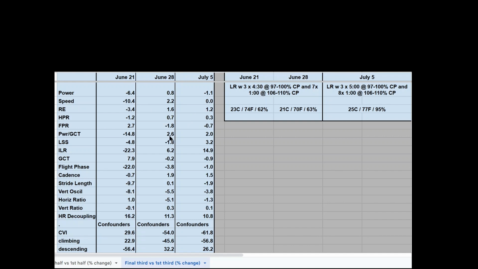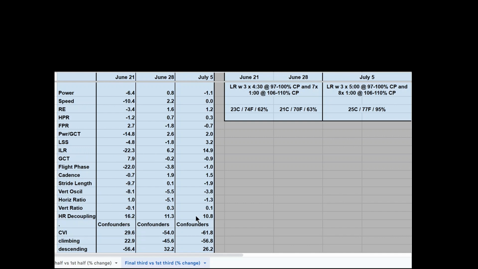Power to ground contact time actually improved, final third versus first third. So that's pretty good in both of those runs, whereas it had that big drop there, power to ground contact time, minus almost 15% between the first third to the last third.